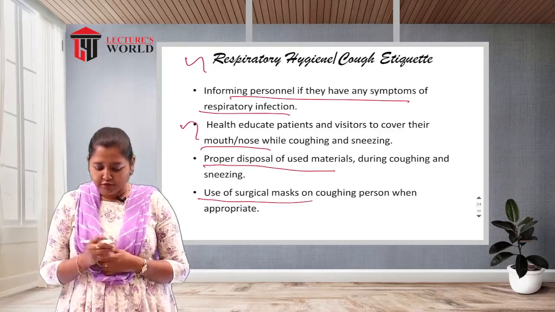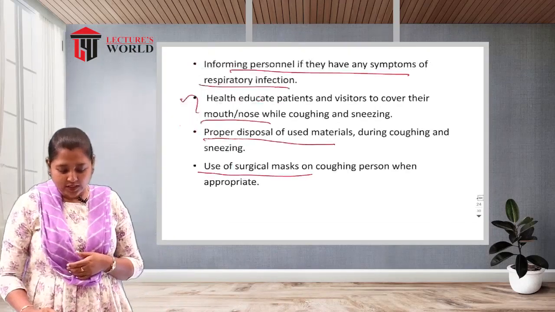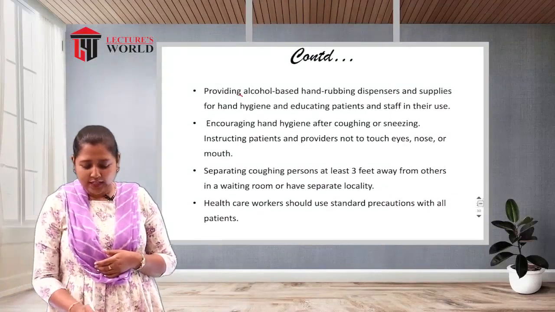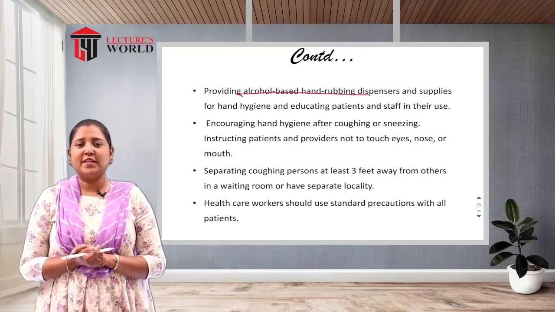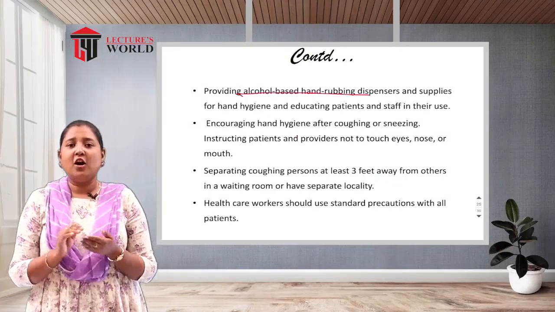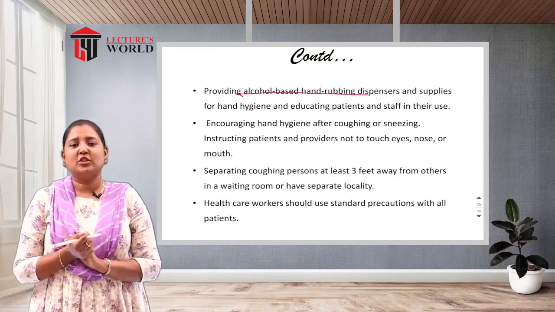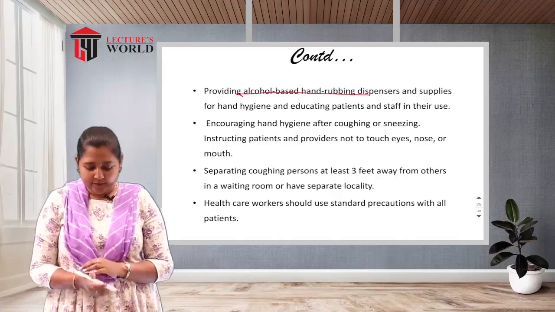And using a mask is more important during coughing. So this is about respiratory hygiene. Along with this, you can tell them to use alcohol-based hand rubs. After coughing and sneezing, we wash our hands, or pour the alcohol rub in our hand and rub it properly, so that the microorganisms from coughing in your hands die.